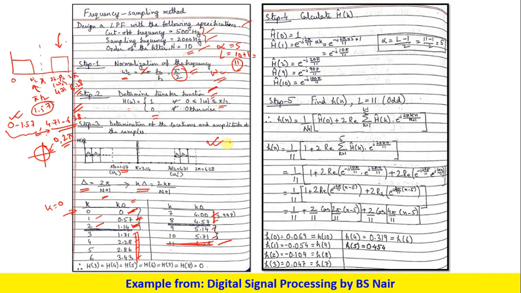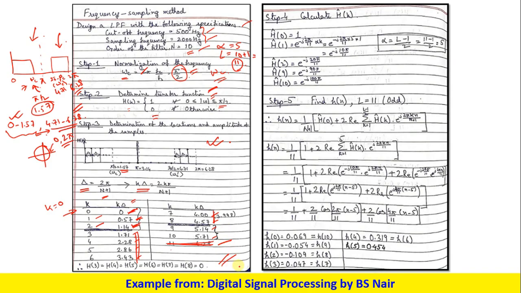Okay, up to now it is clear. We drew the frequency response, and from there we found out the omega c values, the pass bands and the stop bands. From there we found out at what frequency points we will be sampling, and we identified those points up to this point of the numerical.